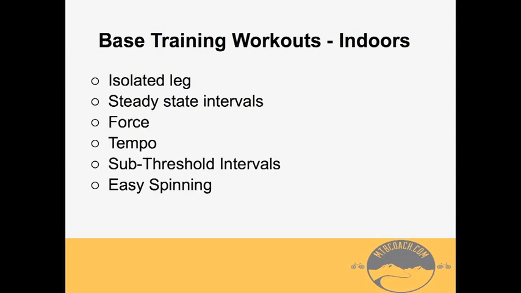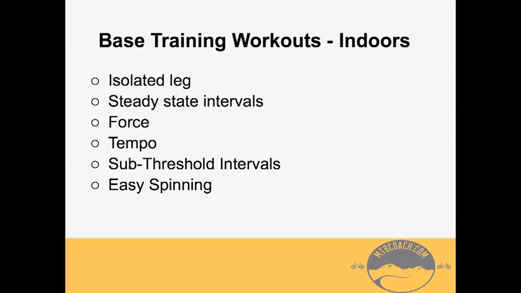Interval force workouts. It's another interval type of workout, but what this workout does is build your climbing ability. And so how you do that on the trainer is using gears.